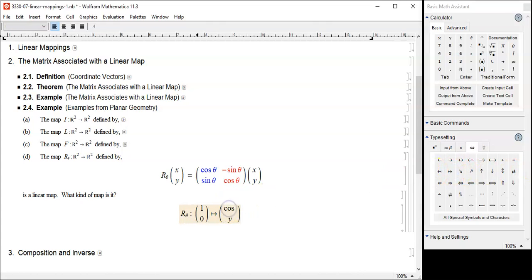(Cosine of theta, sine of theta). And (0, 1), E2, is sent to where? (Negative sine of theta, cosine of theta).